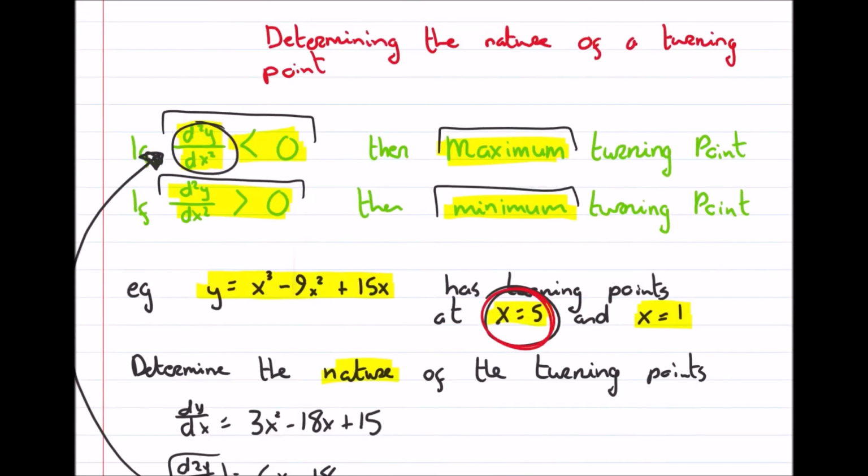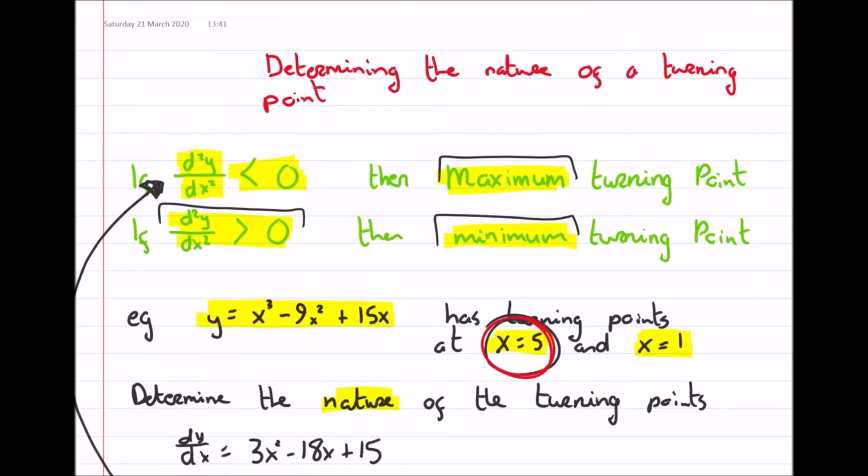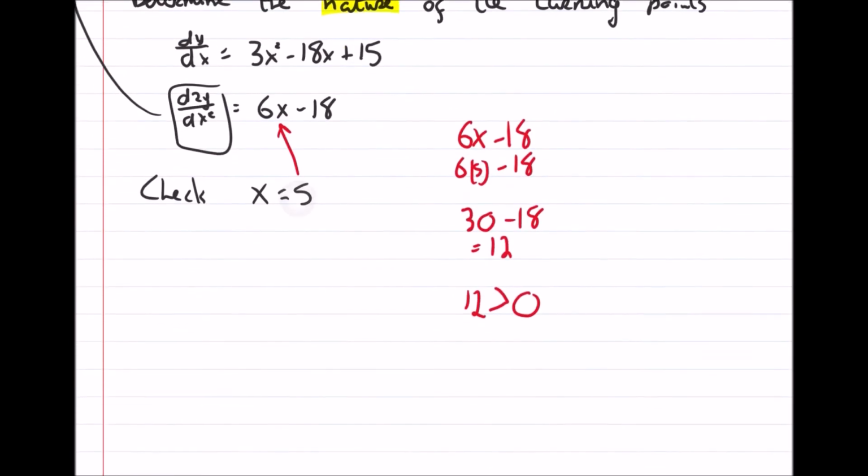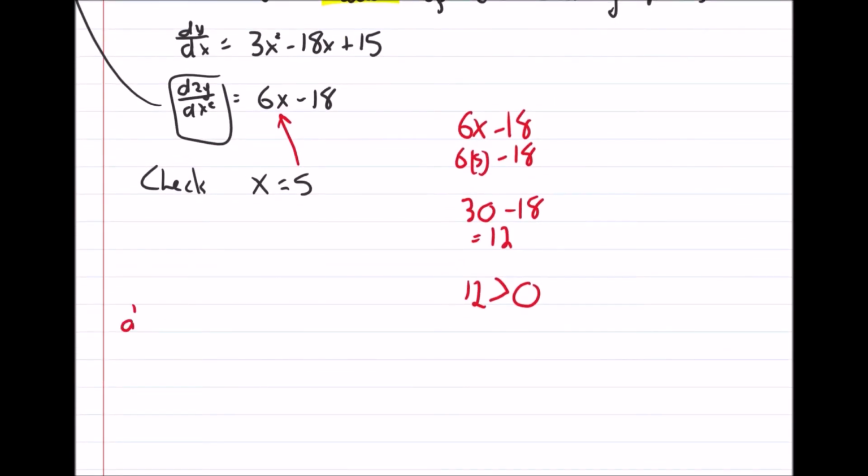So look back up here. We're looking for which is greater than 0. So look, if my differentiated twice function is greater than 0, then that's a minimum height. So at x equals 5 is a minimum height.